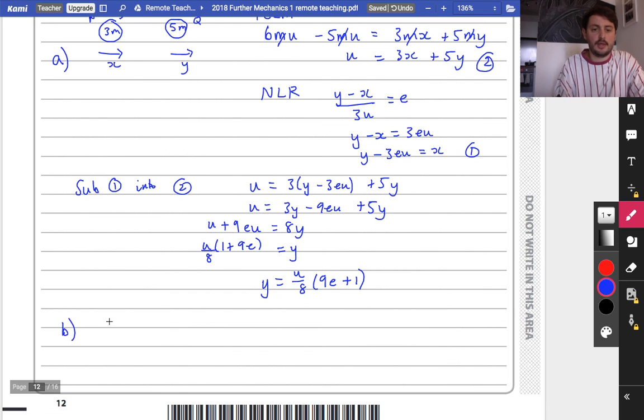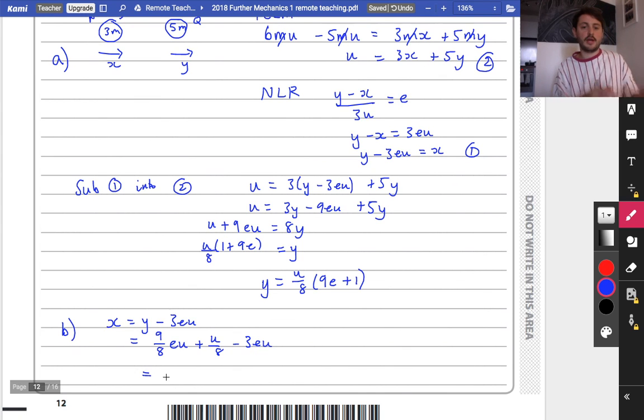Here is part B. Now we know that x is equal to y minus 3eu, which is going to be 9 over 8 eu plus u over 8 minus 3eu. So I'm going to do 9 over 8 eu minus 3. 9 over 8 minus 3 is minus 15 over 8. So I've got u over 8 minus 15 over 8 eu. I'm going to factorize the u over 8 out, which is 1 minus 15e.